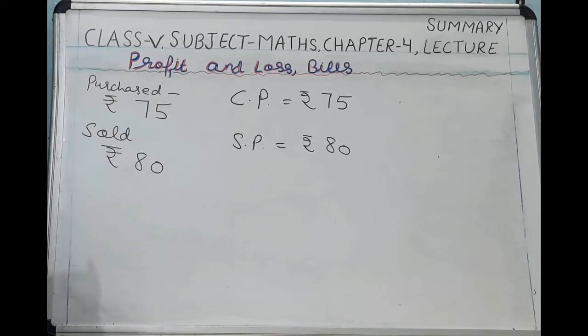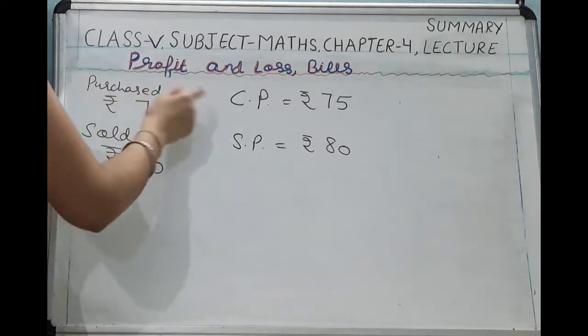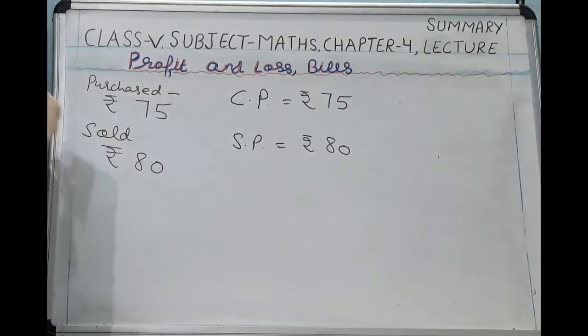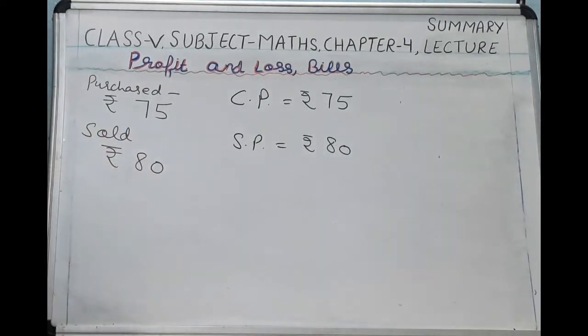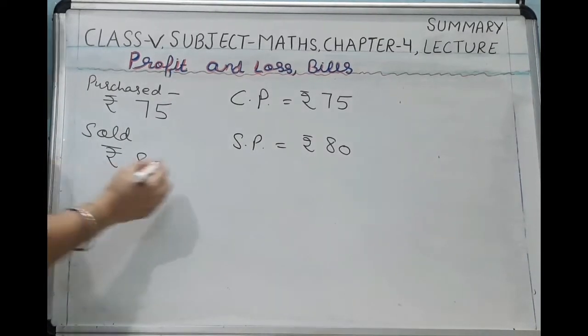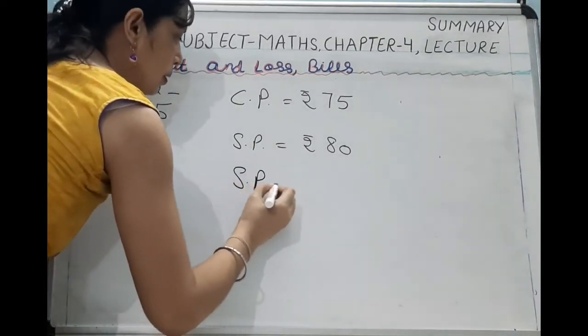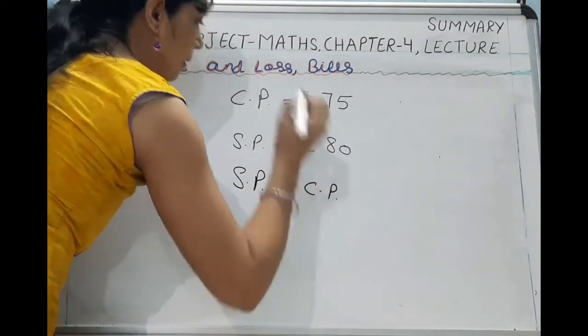वो प्राइस जिसमें किसी आइटम को परचेज किया जाता है दैट इज कॉस्ट प्राइस, और जब किसी आइटम को बेचा जाता है दैट इज सेलिंग प्राइस. Now if our selling price is more, as it is shown in this example, selling price is more than cost price.